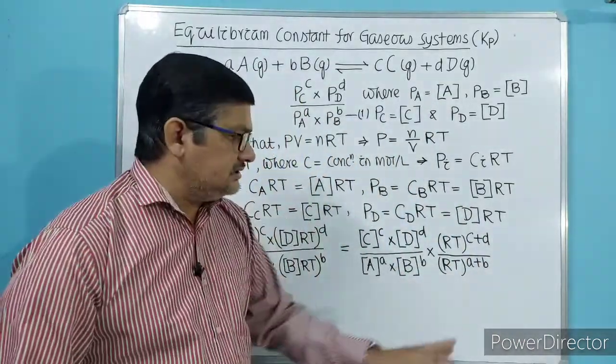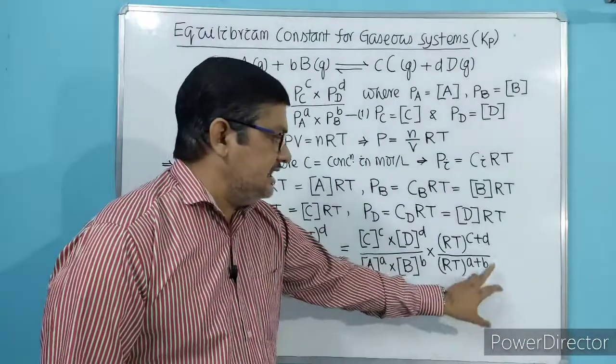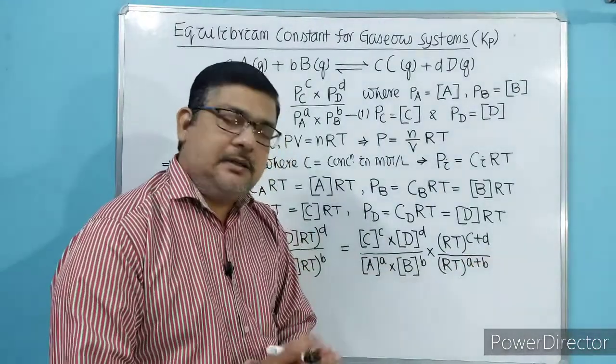These are the number of moles. A, B are the number of moles of the reactant. C, D are the number of moles of the product.